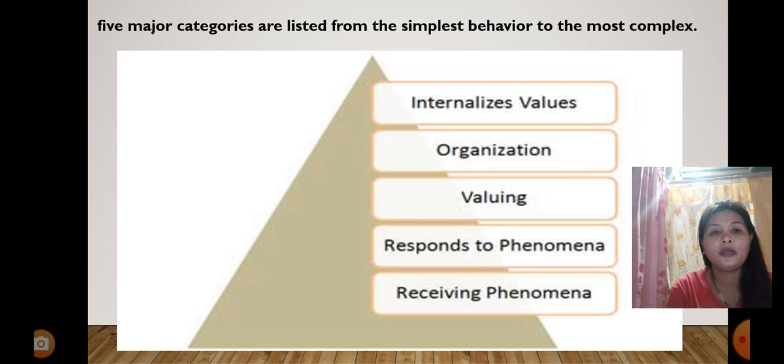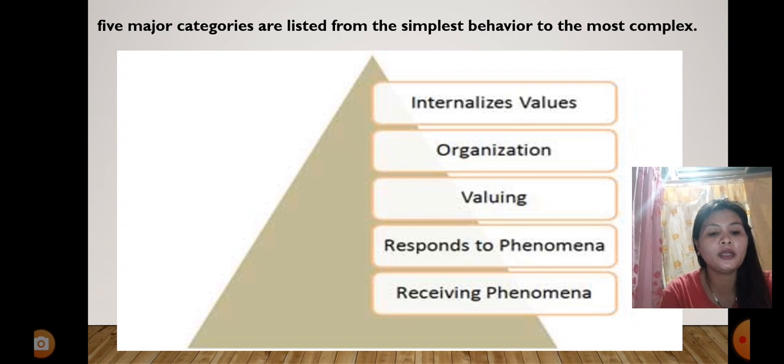So internalizes values, or characterization, has a value system that controls their behavior. The behavior is pervasive, consistent, predictable, and most importantly, characteristic of the learner. Instructional objectives are concerned with the student's general patterns of adjustment.